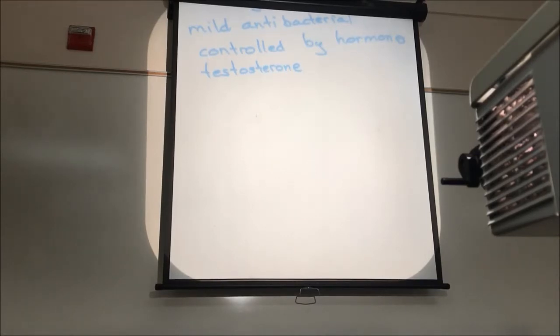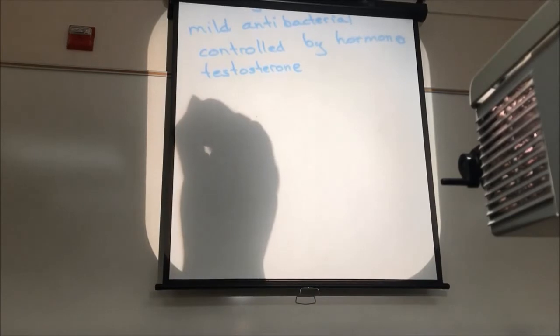If the access, or if the duct of the sebaceous gland becomes blocked by cell debris or by bacteria, and the sebum can't move out of the sebaceous gland, it will build up inside the gland and cause swelling of the gland and inflammation of the gland. And this is what we call pimples.